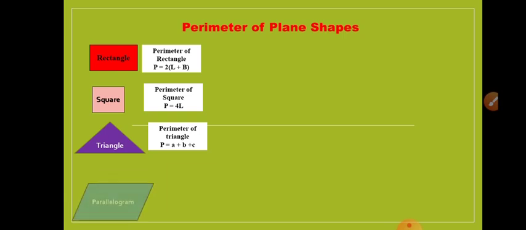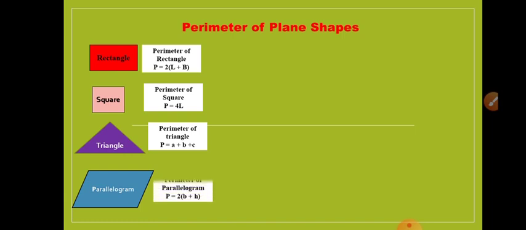And the next one is parallelogram. If you check this parallelogram, it is more or less a rectangle, but now it has a slant height and the base. Our formula says the perimeter of parallelogram equals 2 into bracket B plus H. And the next one is trapezium.